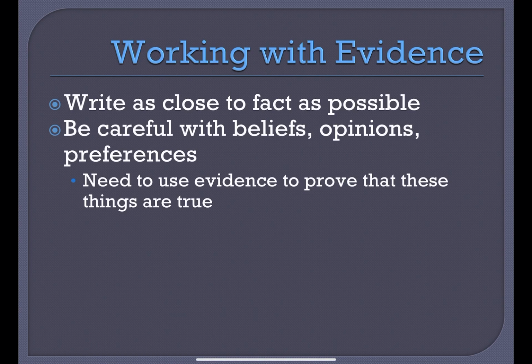If you want to make an argument for something, but you don't necessarily have the evidence, you can use words like might or may to make clear that there's not evidence for what you're saying.